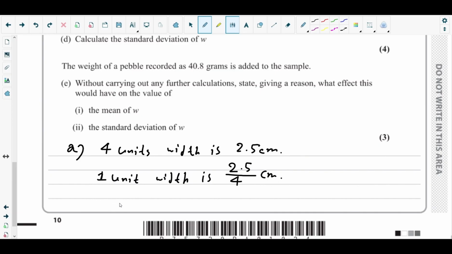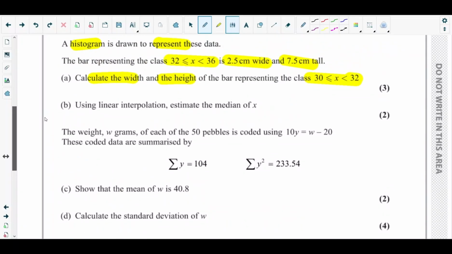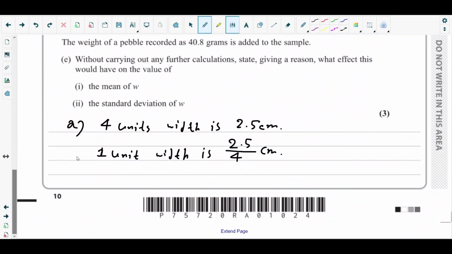So what we need is, for how many units? This is 30 to 32, that means 2 units. Okay, for 2 units the width is how much? 2.5, that is 5 over 2, times 2 over 4.